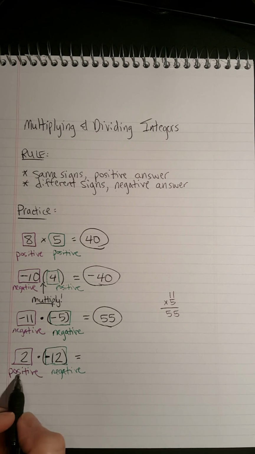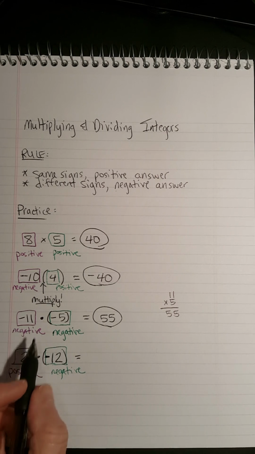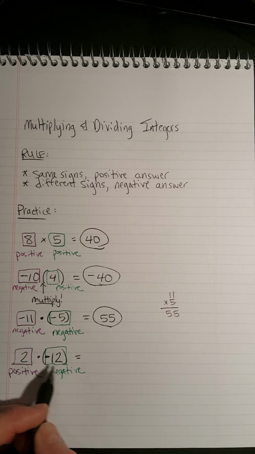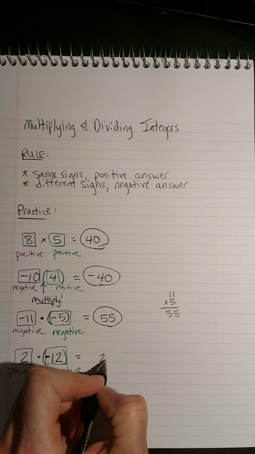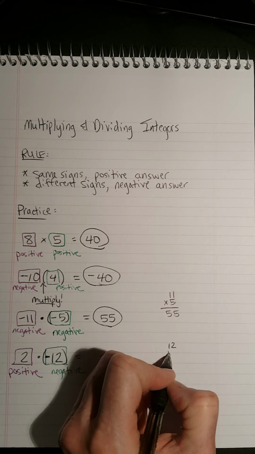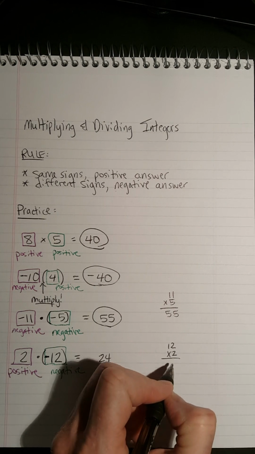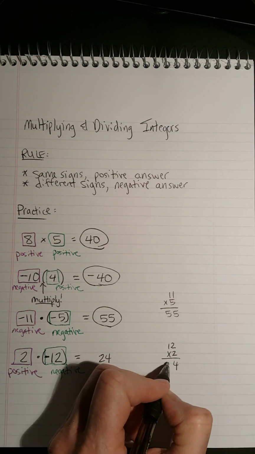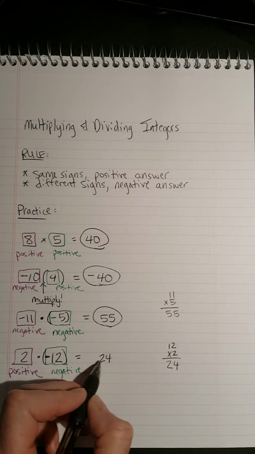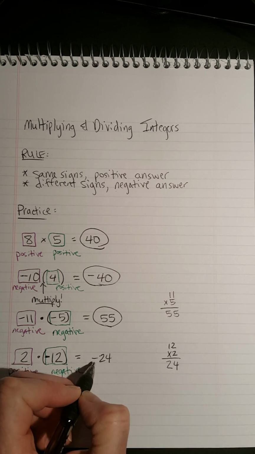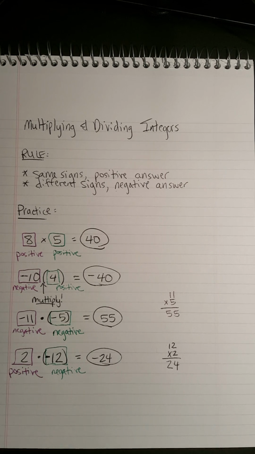So I have opposite signs. So different signs, negative answer. So 2 times 12 is 24. Again, I'll do that over here on the side just to show. 2 times 2 is 4. 2 times 1 is 2. So it's 24. Opposite signs is going to be a negative answer.